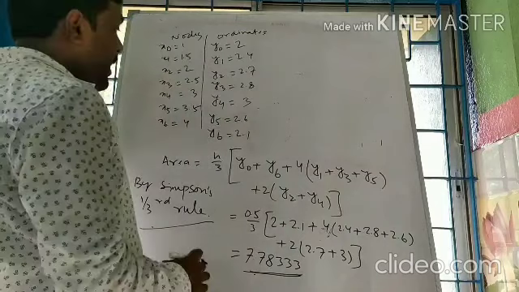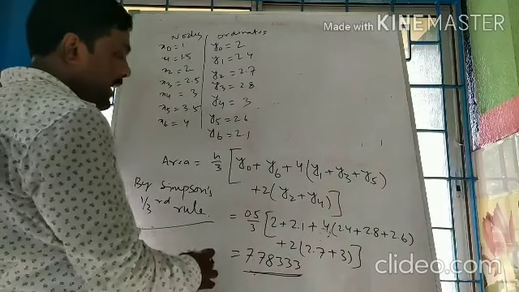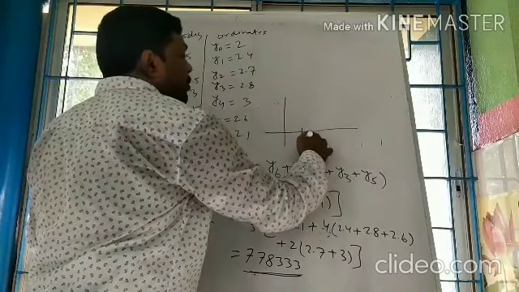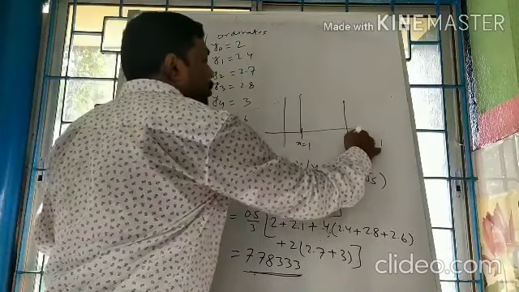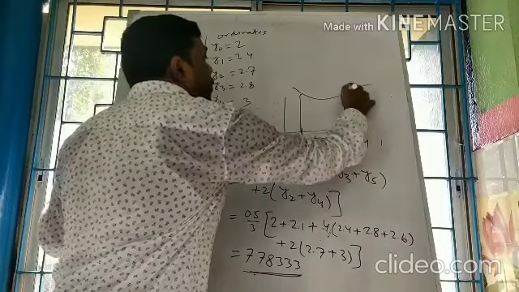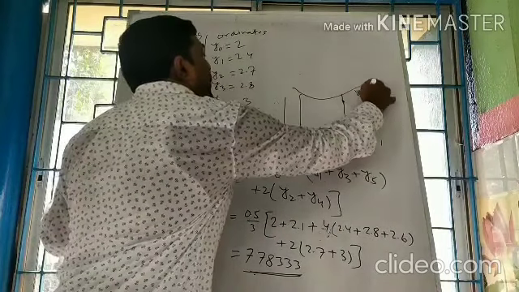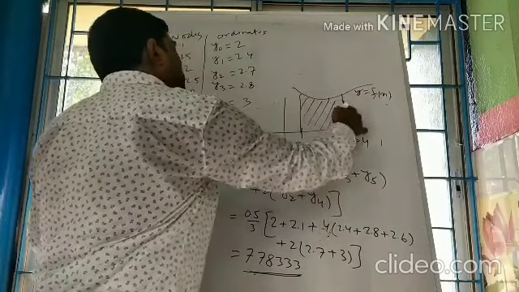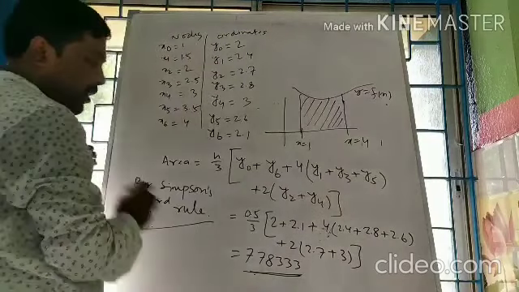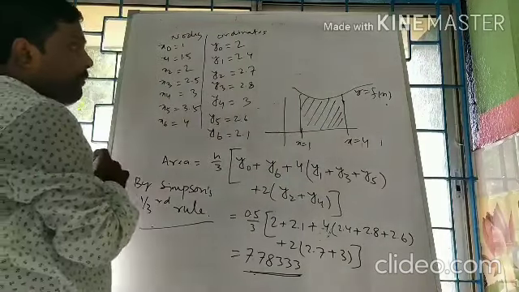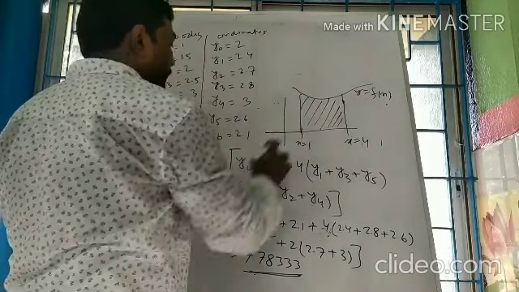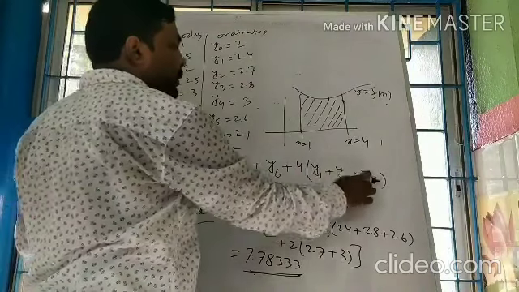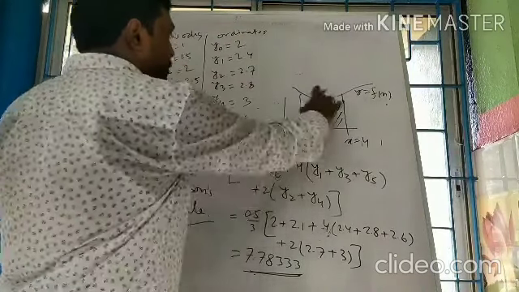This is the area bounded by the straight line x equals 1, the straight line x equals 4, and the curve y equals f(x) by Simpson's one-third rule. Because the area bounded by this curve is h by 3 times [y0 plus y6 plus 4 into (y1, y3, y5) plus 2 into (y2 plus y4)].